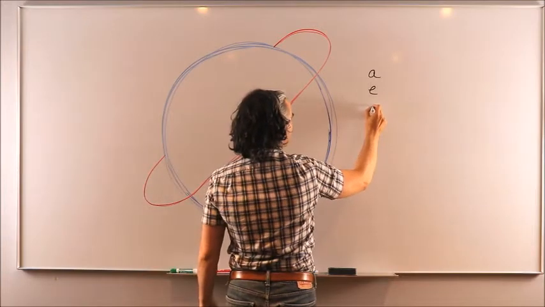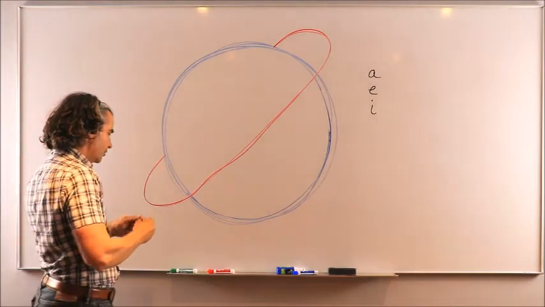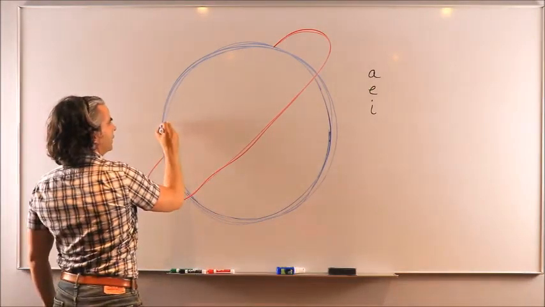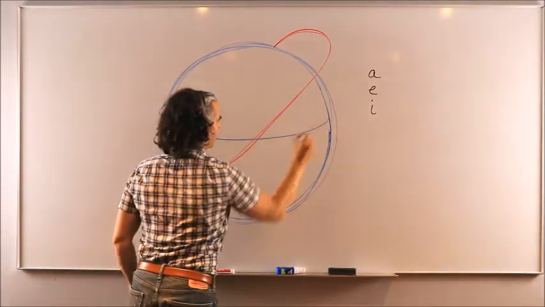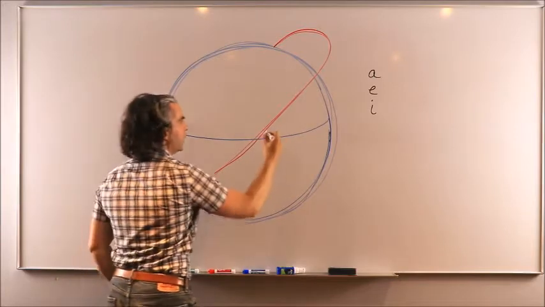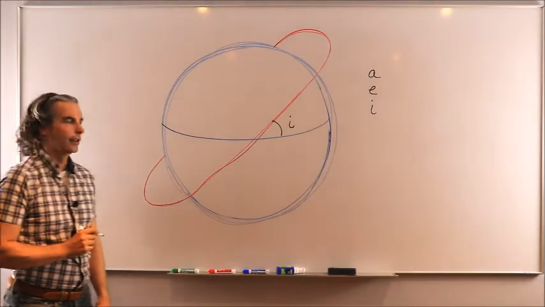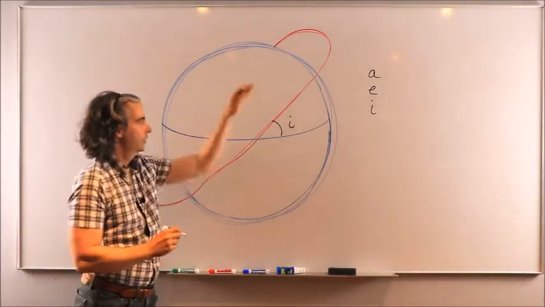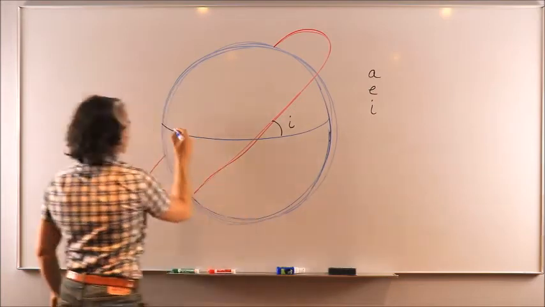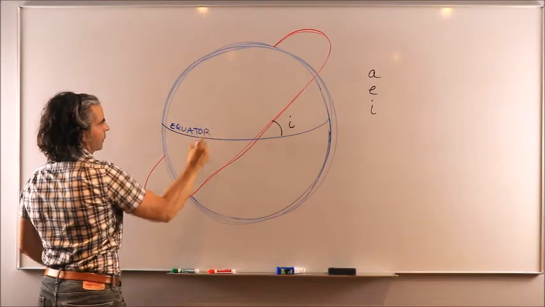Now, another one which is easy to visualize is the inclination, because the inclination happens to be the angle between the equatorial plane or the equator and the orbit. Okay? So inclination is this angle right there between the equator and the orbit. This is the equator.